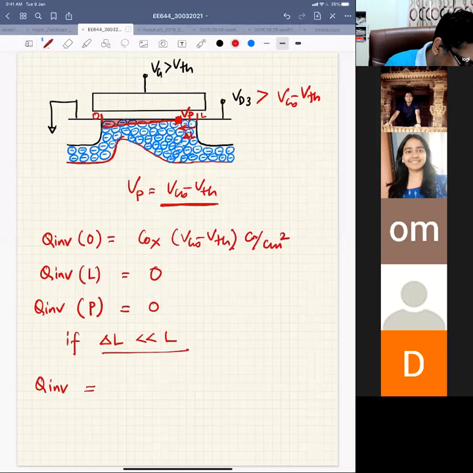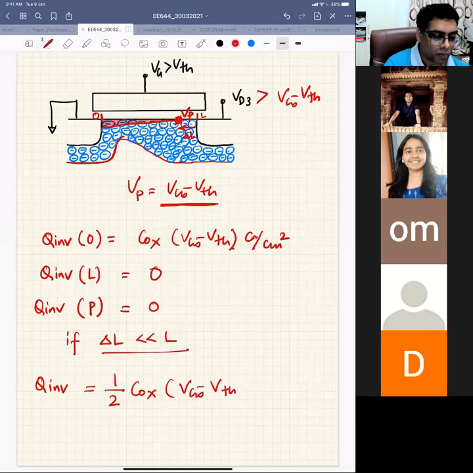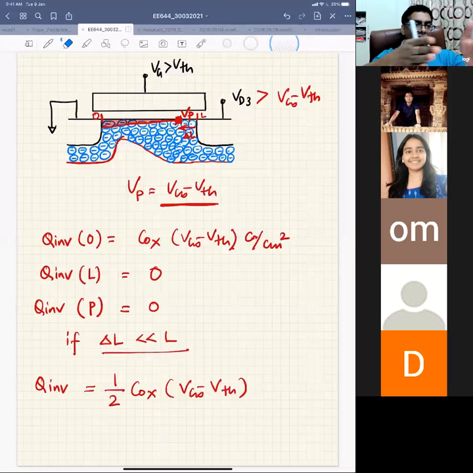At 0 it is Cox VGS minus VTH. On the left hand side I have Cox VGS minus VTH, and on the right hand side I have 0. If I take the average inversion charge, this is nothing but half Cox times VGS minus VTH, right?